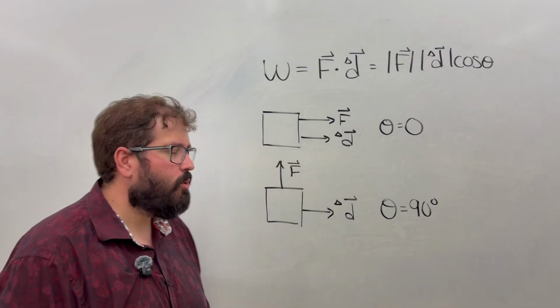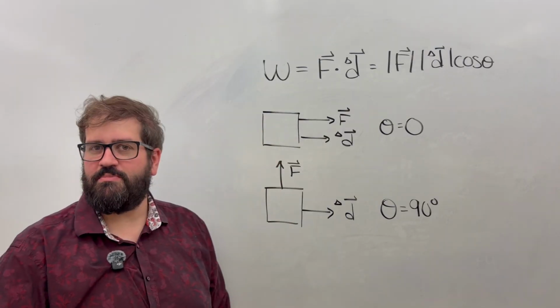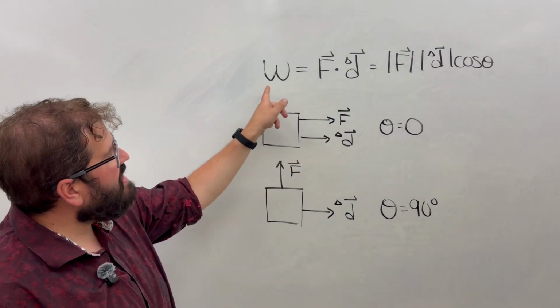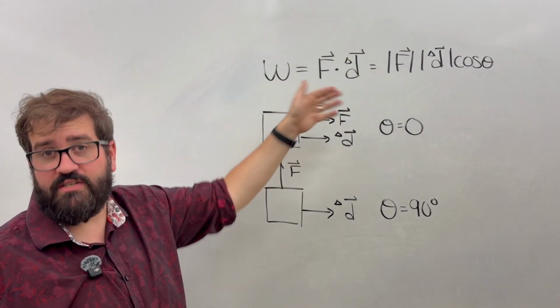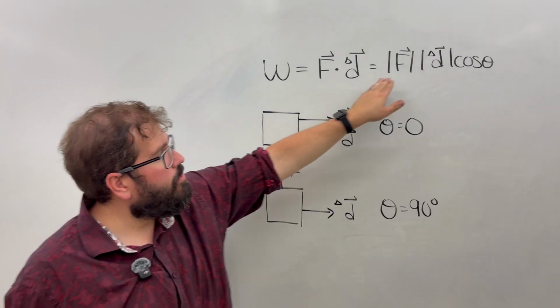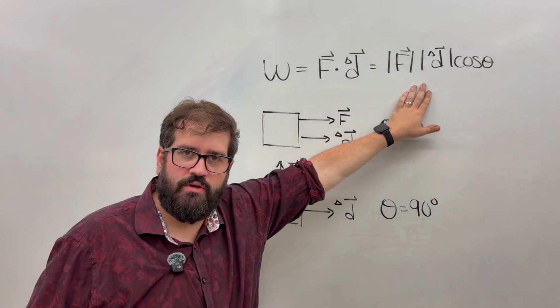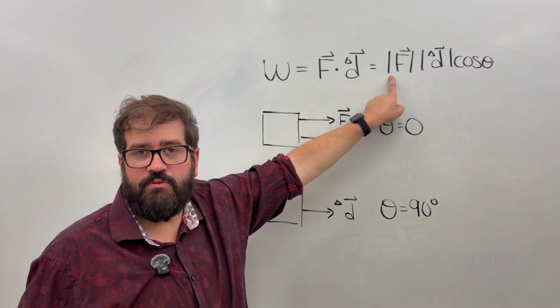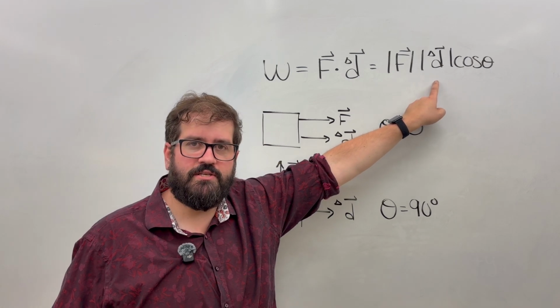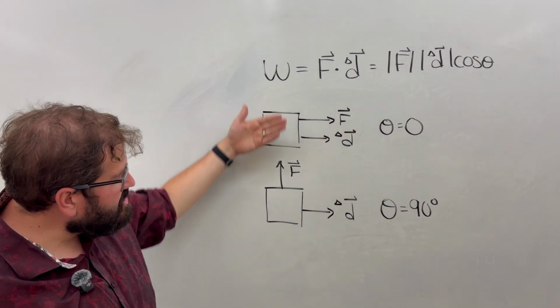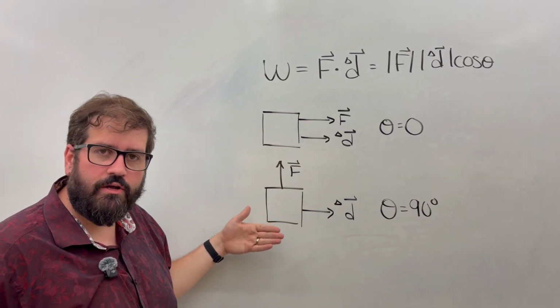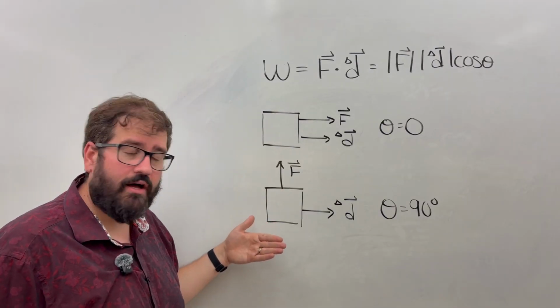Returning to my original question involving boxes, displacement, and force. The definition of work is force dot displacement, the dot product of those two vectors. And if we apply the new geometric definition we've gone over, the magnitude of force multiplied by the magnitude of displacement multiplied by cosine of the angle between both vectors, we can actually see how these two scenarios change the work done.